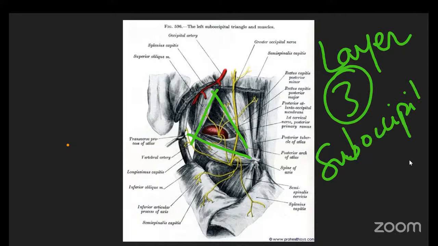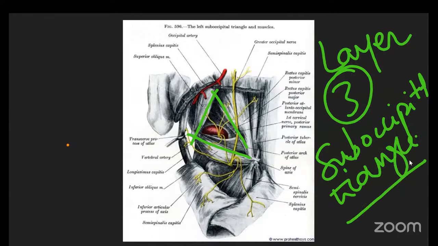Suboccipital triangle. Why suboccipital triangle? Are we at the vagoaccessory triangle? No. Where are we, by the way? In the muscles. The vagoaccessory triangle was where we were approaching the medulla. We are not approaching the medulla. We have not even crossed the muscles yet.